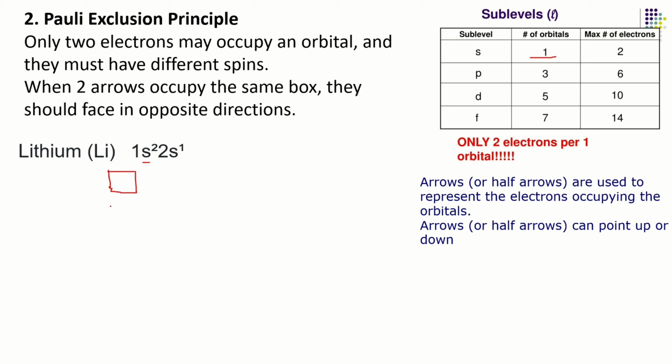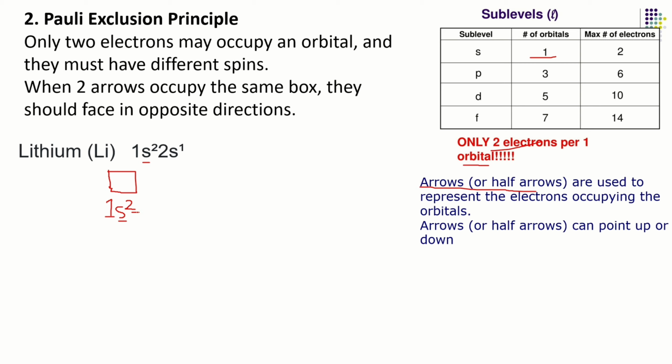Now, in each orbital, we have 2 electrons. And the electrons are represented by arrows or half arrows. So, how many electrons do we have here in the s sublevel? We have 2. Very good.